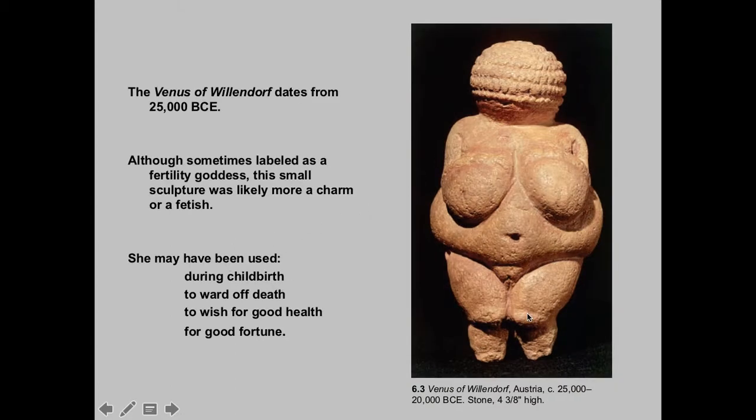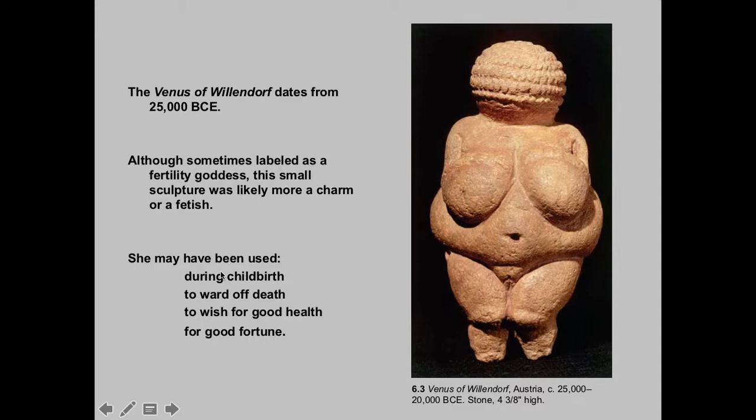The original theory on this piece was that it was a fertility goddess that was placed somewhere, because in our present day culture, we place things on the mantelpiece or in museums. But we have to strip all that away and think about what is important to that culture and what is their idea of an important use of this object.